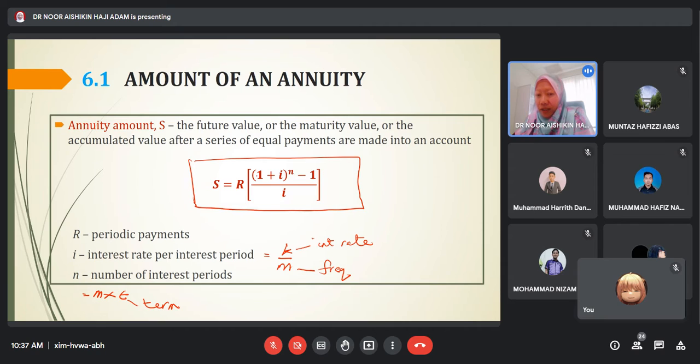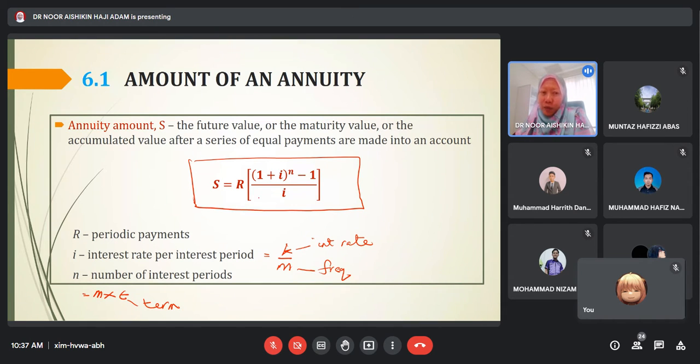Boleh je you cari dulu yang ke atas ni, hit enter, and then you divide by I, hit enter again, and then you multiply with R. Tapi sebenarnya kalau you buat R times and then you put a big bracket, 1 plus I to the power of N, and then minus 1, close your bracket, and then you divide by I. Boleh juga kalau you berani nak buat terus lah.